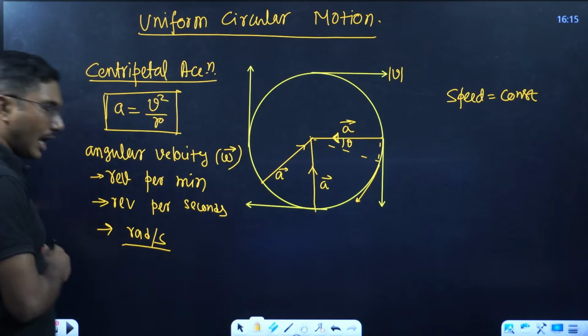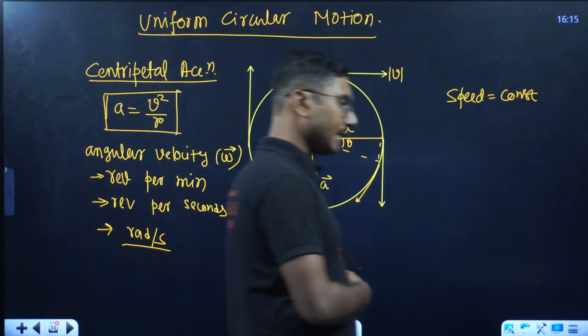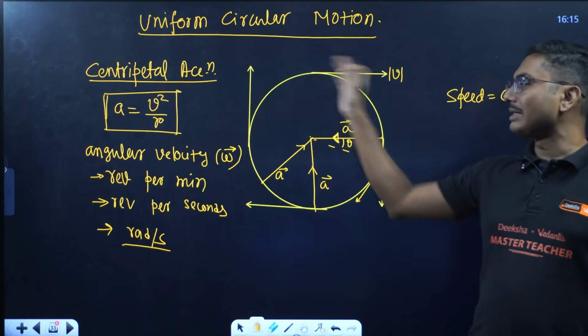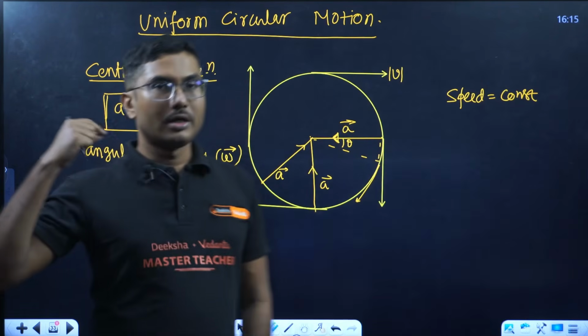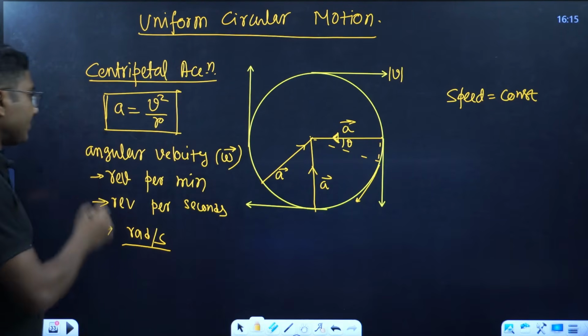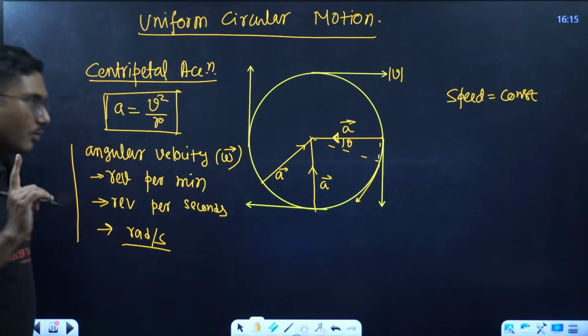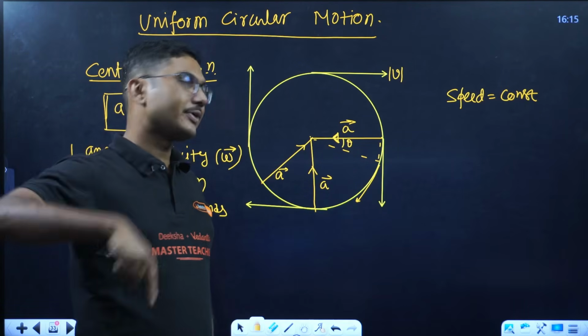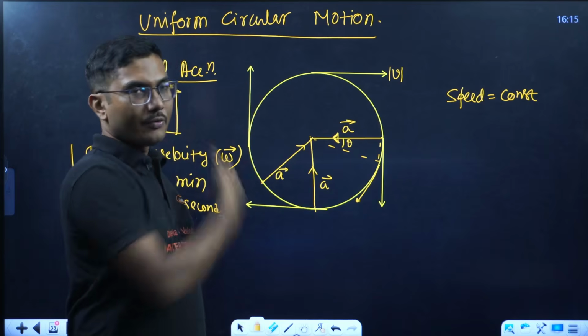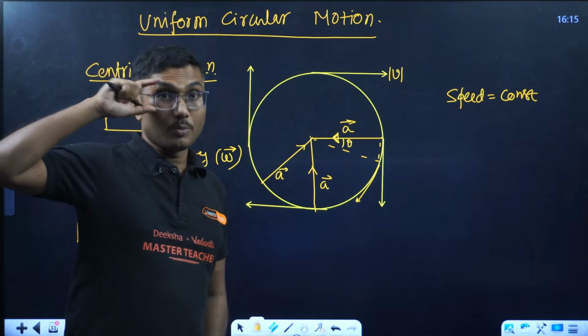Radian is the angle and second is per second. So how much angle it covers in unit second, that is called radian per second. So this is the angular velocity. Now why is it important? Because centripetal force can be expressed in terms of angular velocity as well. There is a chapter, rotational motion, where angular velocity is super duper important as well.